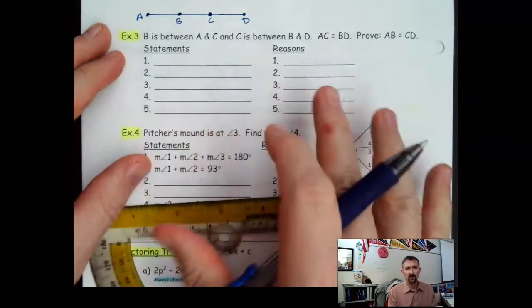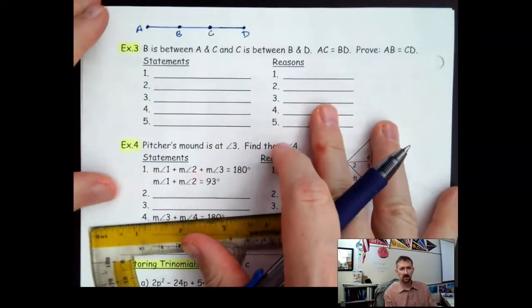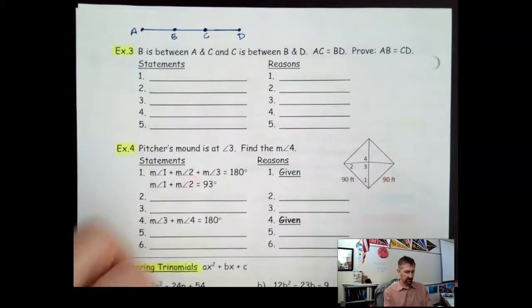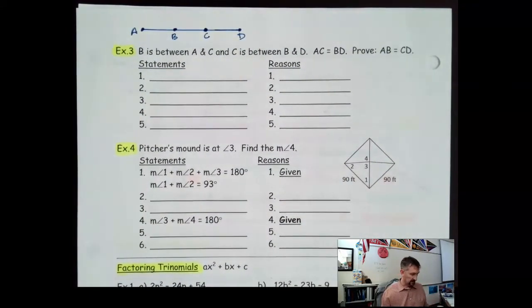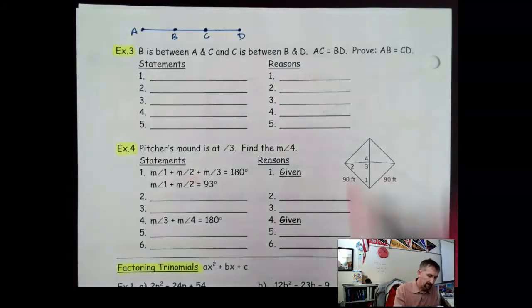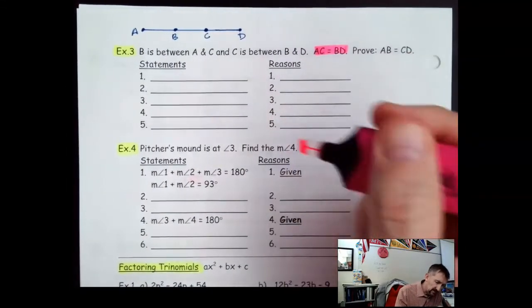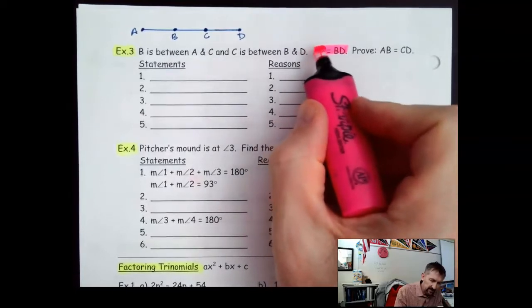Especially if you're using a pencil, you can erase if you need to. So I've just sketched out a situation. You can see here they already gave us a drawing, so that's nice. So let's see. AC is equal to BD. Remember, that's the length because there's no symbol above it.